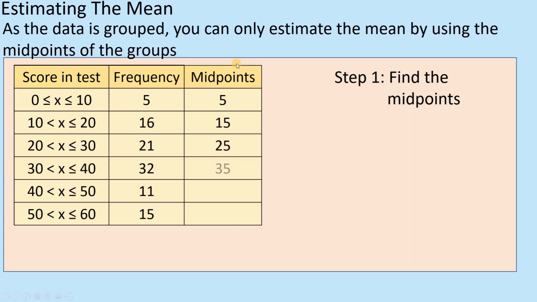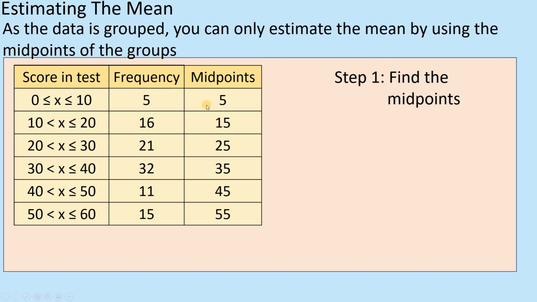Putting the numbers underneath, hopefully you can see why they're the midpoints, because they're halfway along each group. So between 0 and 10, 5, between 10 and 20, 15, and so on. Like in a normal frequency table, we need to work out how many we've got of everything.